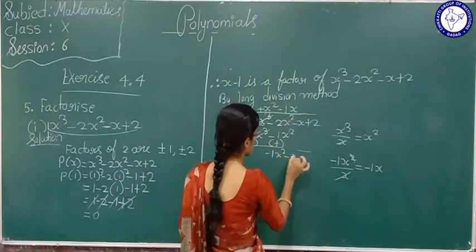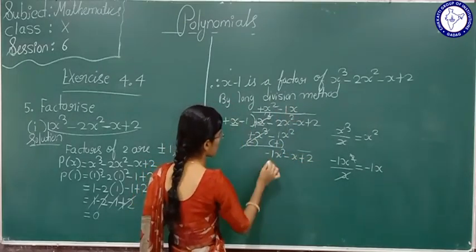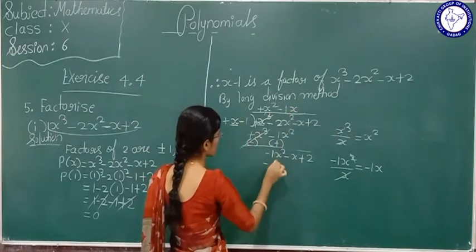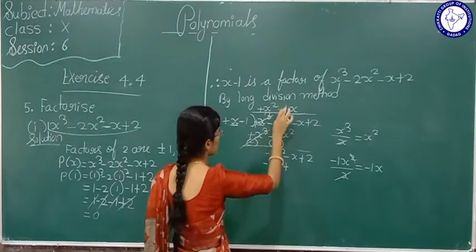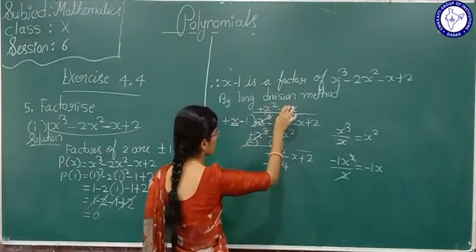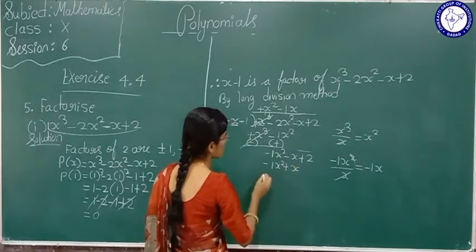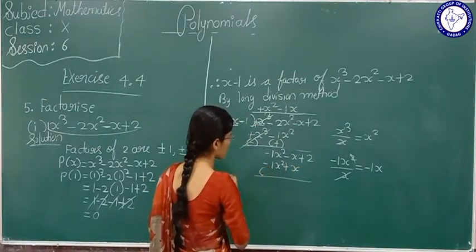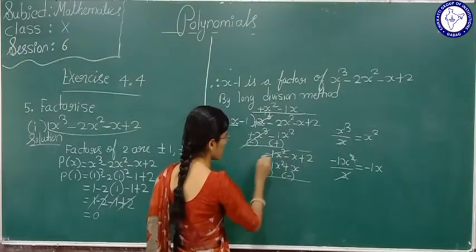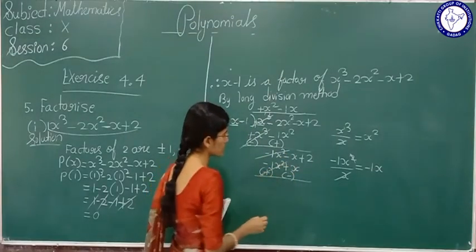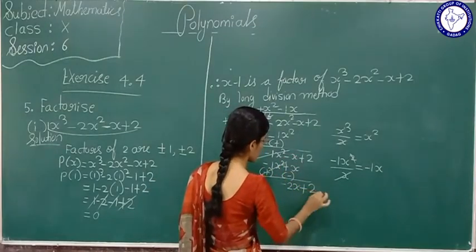Minus 1x into x is minus x square, and minus 1x into minus 1 is plus 1x. Now we have to subtract this: minus becomes plus, plus becomes minus. This and this will get cancelled. What is remaining? Minus 2x plus 2.